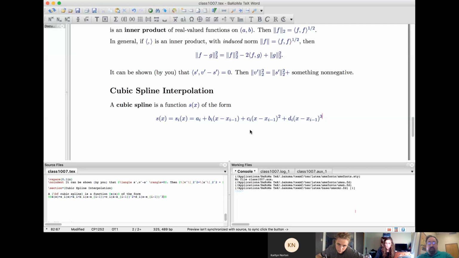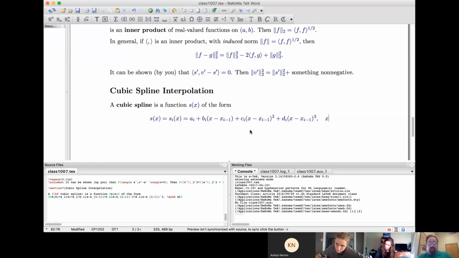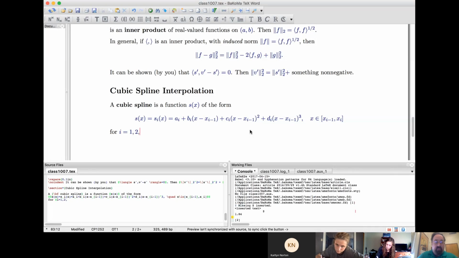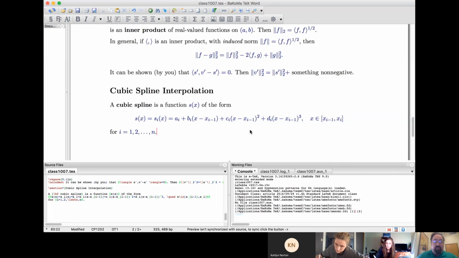Cubes. So that's the formula that applies for x in this subinterval. All right. So as before, same notation as last time, and I'll just restate it here.